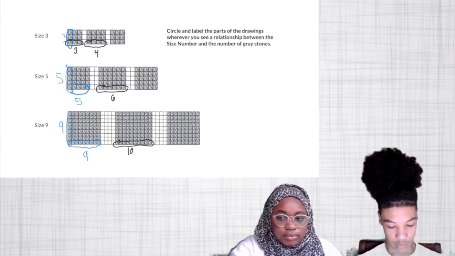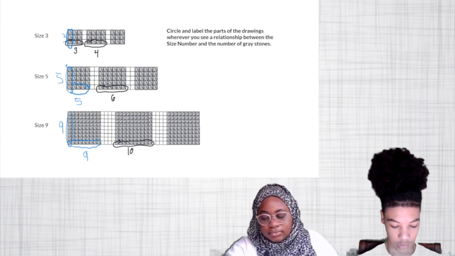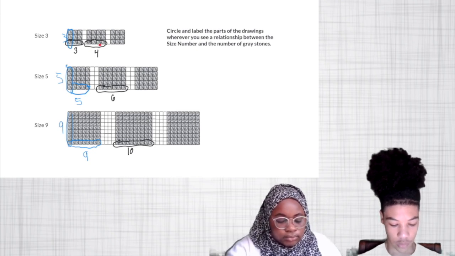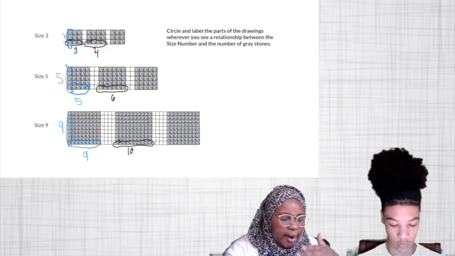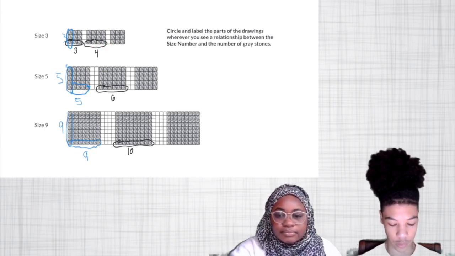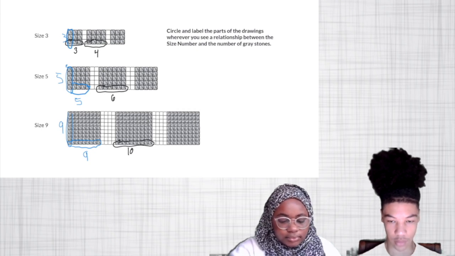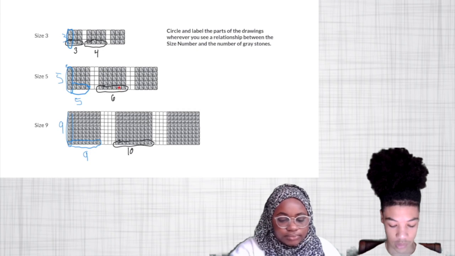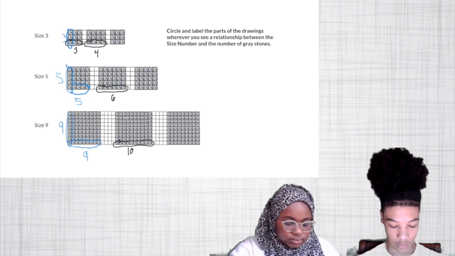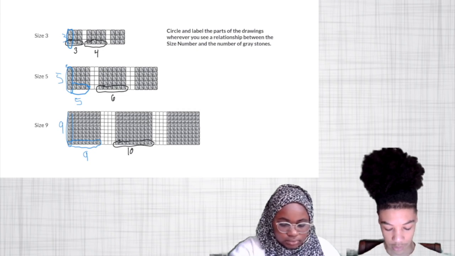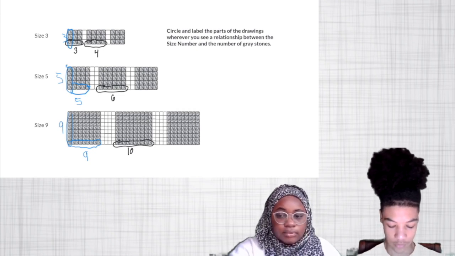So I circled the 4 in this second set of gray tiles because there was 4 tiles in the row instead of it being 3 like the rest of it. And in size 5, there were 6 tiles in this set instead of 5. And with 9, it was 10 instead of 9.